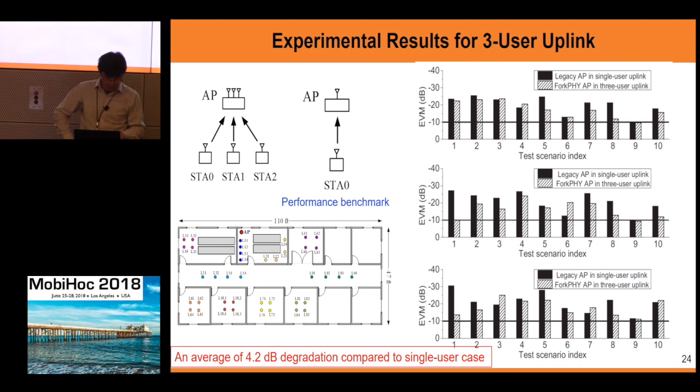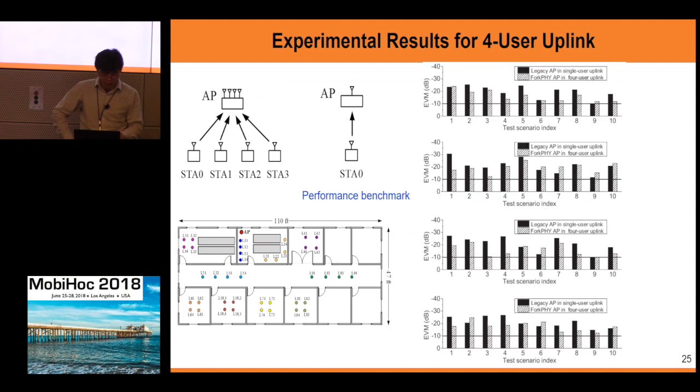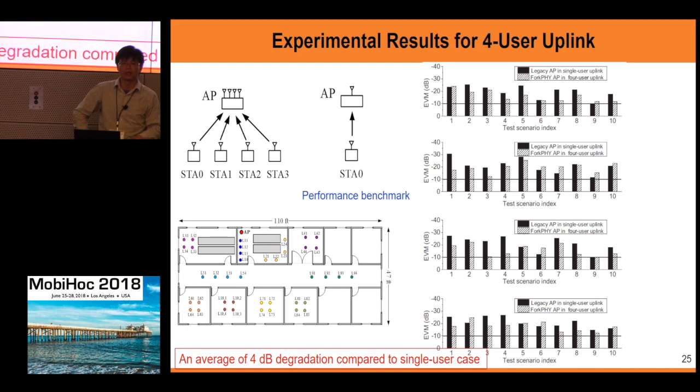We also studied the 4-user case, and when we do the same thing and compare the EVM performance, the EVM degradation is about 4 dB. So this means that in the 2-user, 3-user, and 4-user cases, our scheme works.